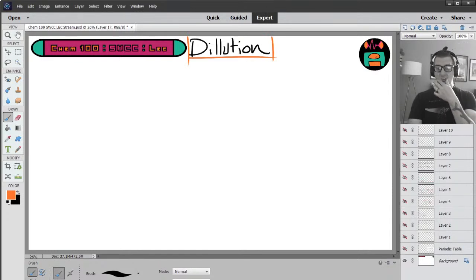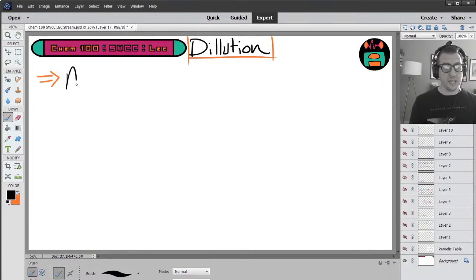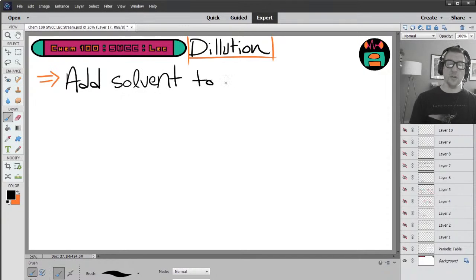All right, now the process of dilution, it's a simple concept. You simply add pure water, or I should say add solvent, because the solvent doesn't have to be water, to decrease the concentration.